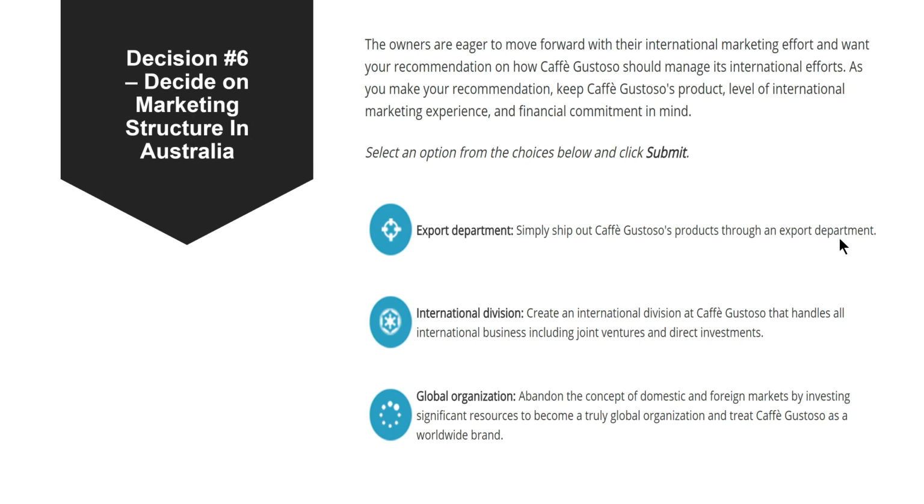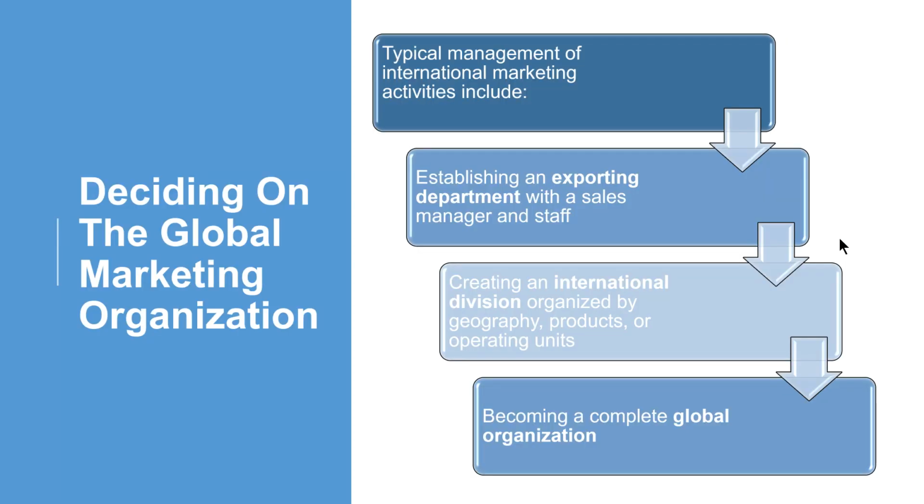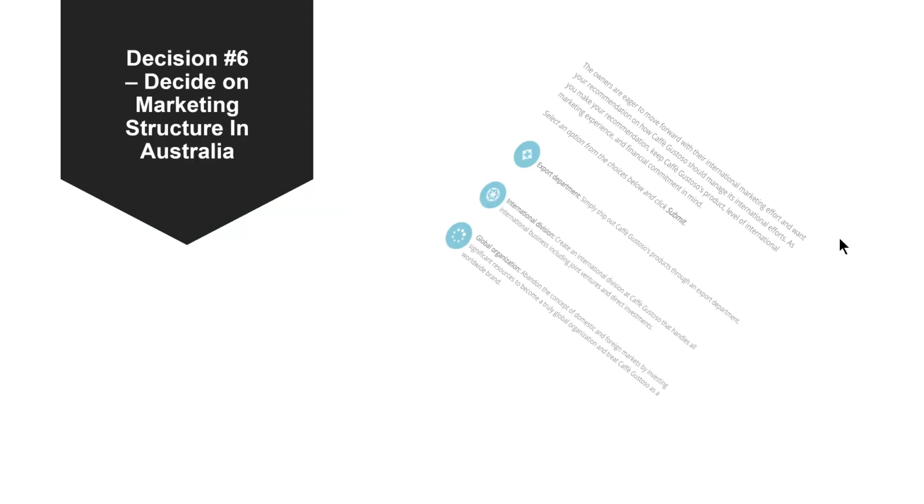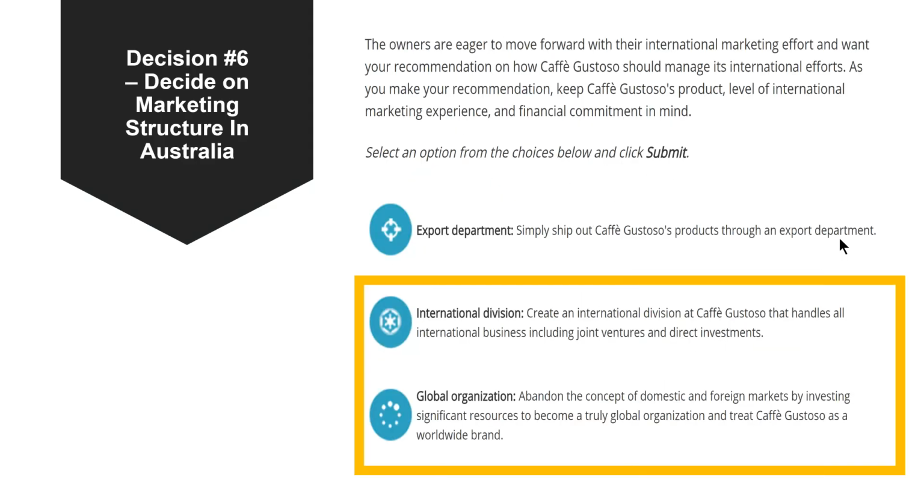So I wanted to give you those examples. So here are the definitions and here are the examples. So what's the best approach? Well, in this particular case, there's two good decisions. One is to either create an international division or make it completely global, where you're making that investment in that country.